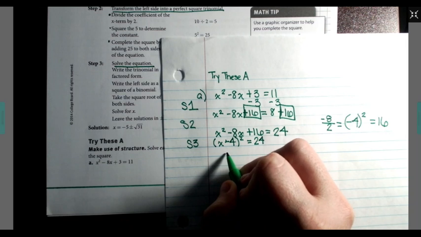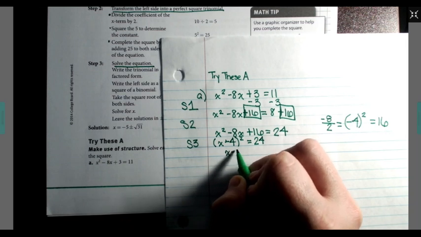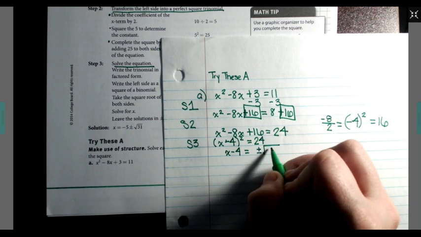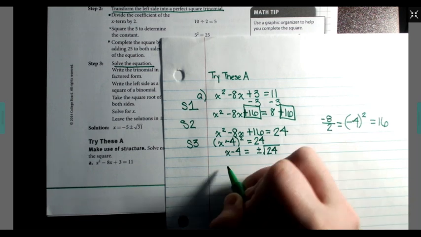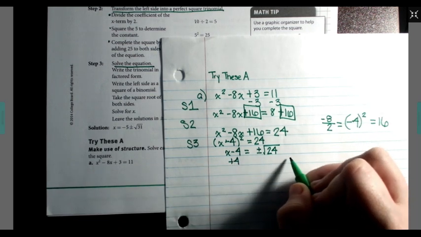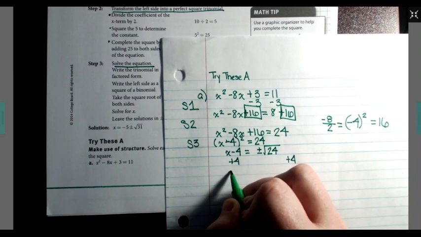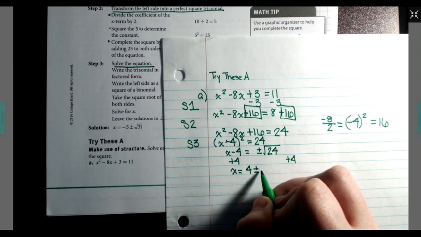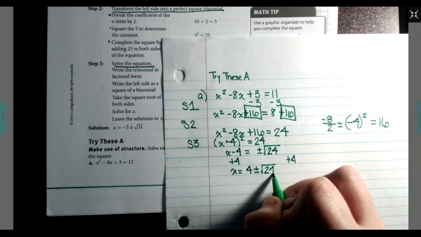So we have x minus 4 equals the plus or minus square root of 24. We're going to add 4 to both sides of the equation. So we have x equals 4 plus or minus the square root of 24.